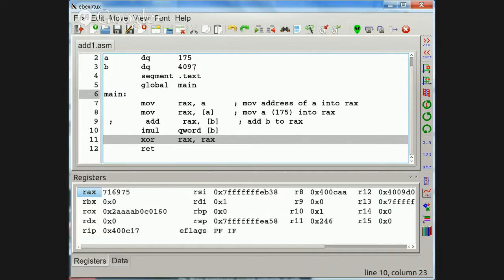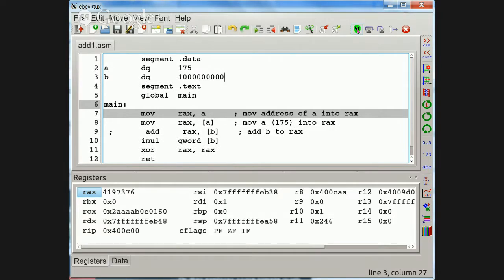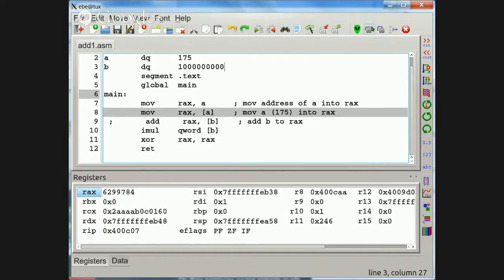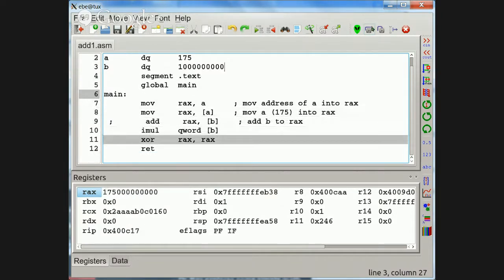So let's change this so that instead of 4097, let's multiply it by, oh, how about, is that 1 billion, or do I need some more digits? It looks like 1 billion to me. Let's try it and see what happens. Oh, I need a bigger number, don't I?